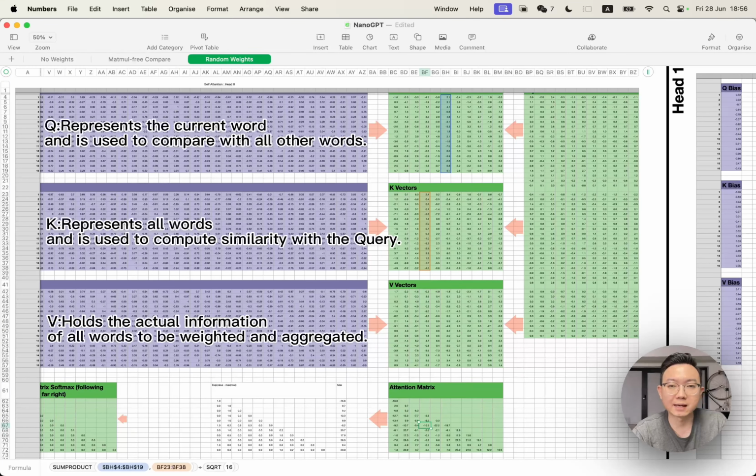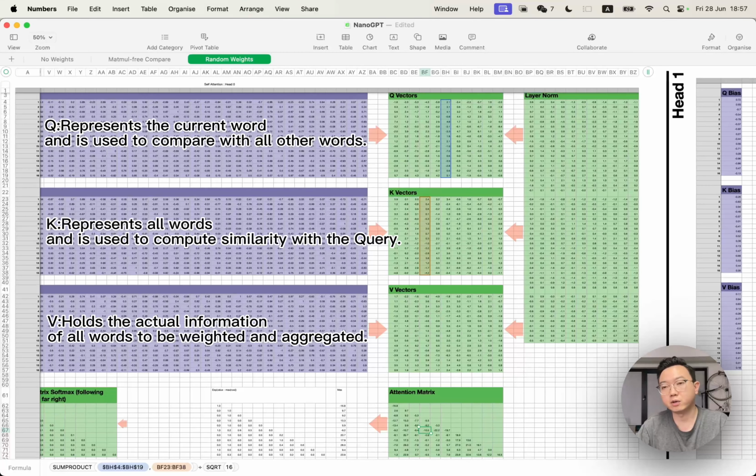What this means is that the Q vector actually carries information of this particular token that you're trying to process. And then the K vector, the key, is carrying all the information combined from all the previous words that you're using.